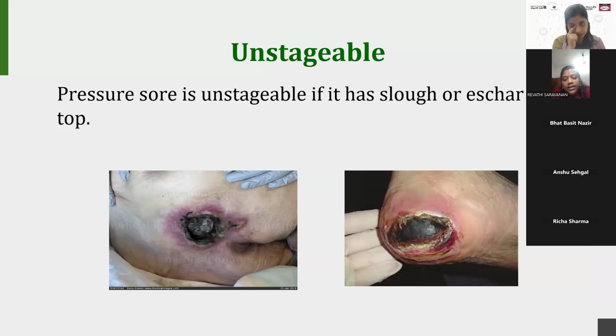So we describe it as an unstageable wound. It is like gangrene formation, so it is more dangerous to the patient. It will spread to nearby parts, so we have to remove it and give proper care immediately in this condition. Next slide.